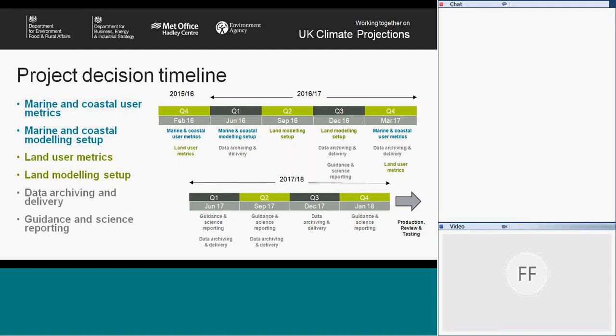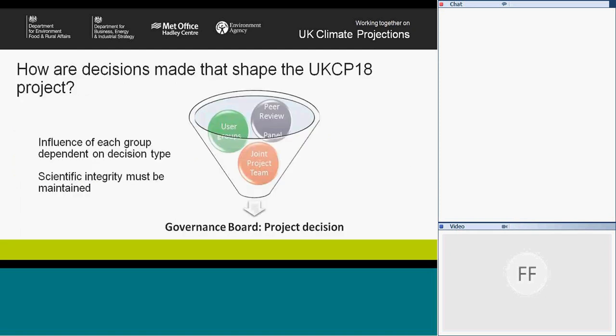We have about 45 in the non-government user group, and out of those, on average, we have 35 people turning up to every single meeting. So to me that means that we have very good engagement that way. We set out right from the start that groups are only part of the picture when making project decisions.